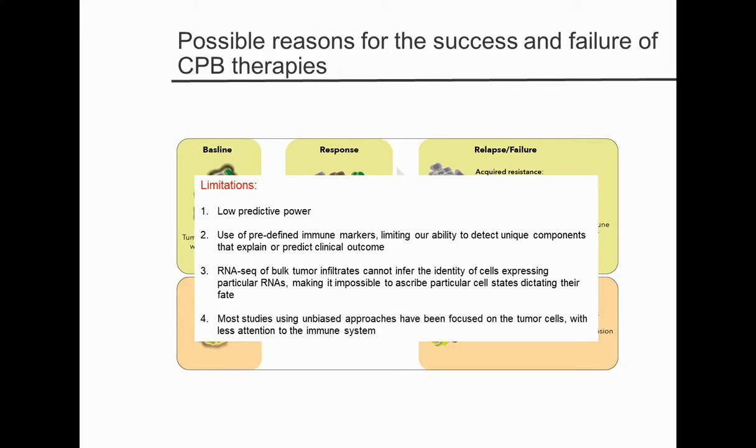And I think the other limitation is that most of the studies using unbiased approaches in recent years focused mostly on the tumor cells, but ignored the microenvironment or the immune system, which is also crucial for the success of these types of therapies.